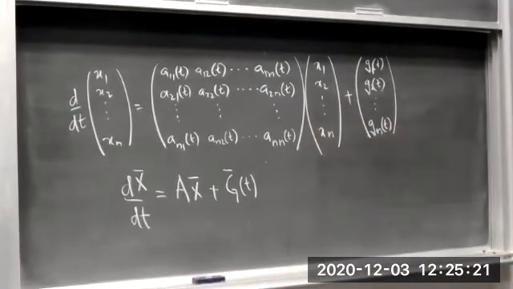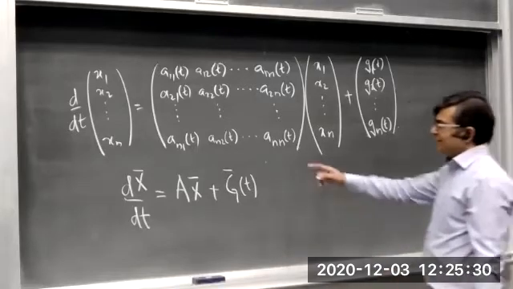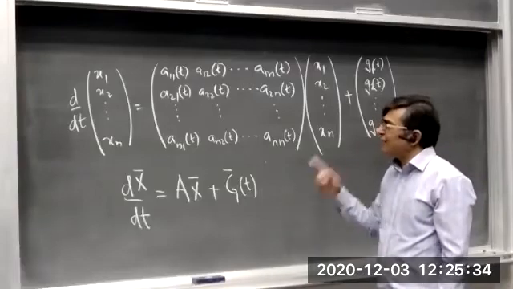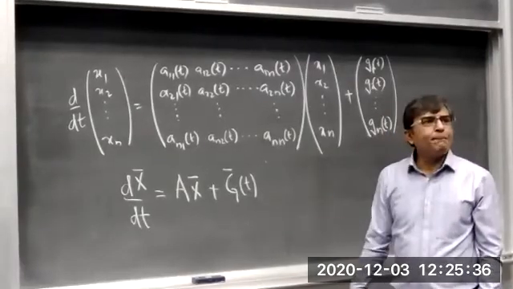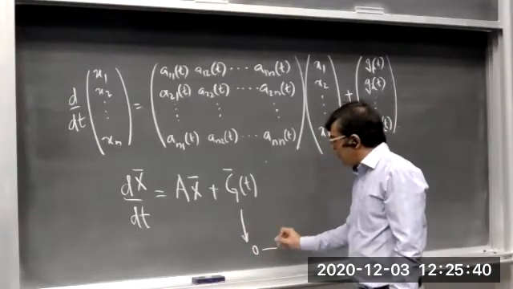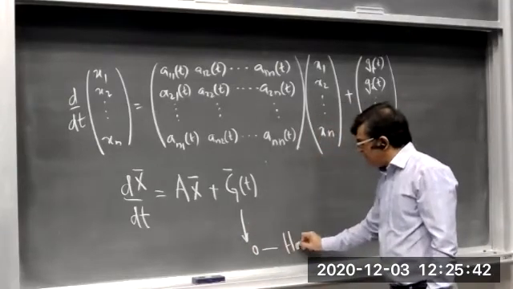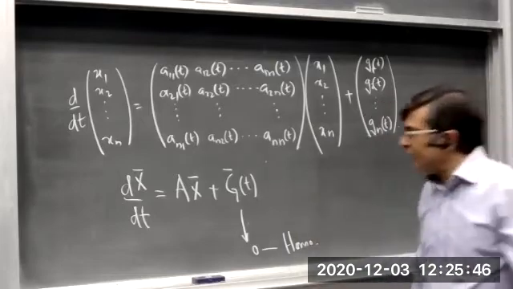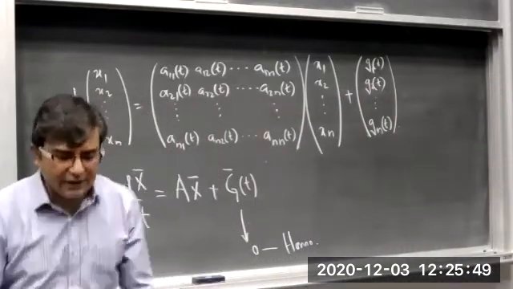Now this is your general nth order system, because it has n differential equations with n unknown variables. Then this is basically a system of n first order linear non-homogeneous ODEs. If this is 0, then we call it a homogeneous linear system. I hope you get it. If you have any question, you can ask me.